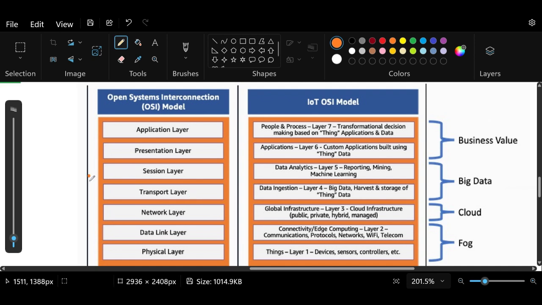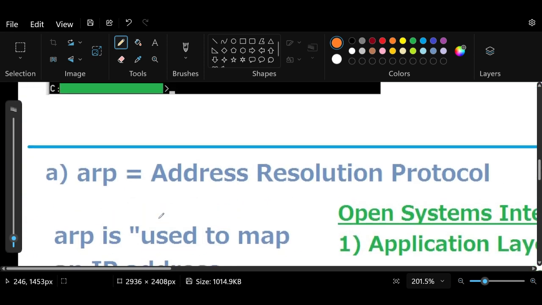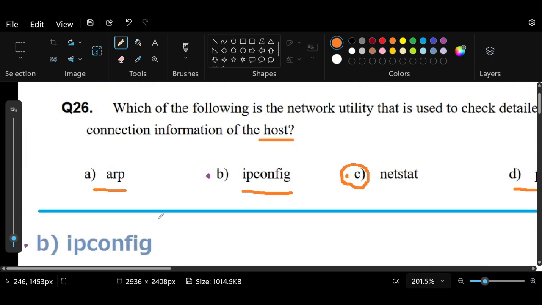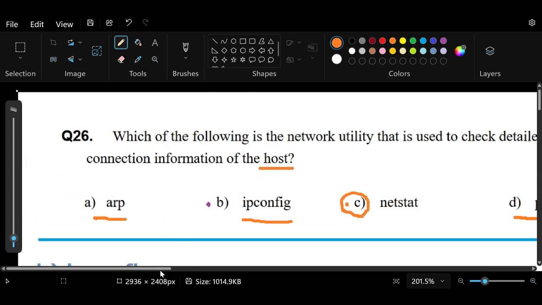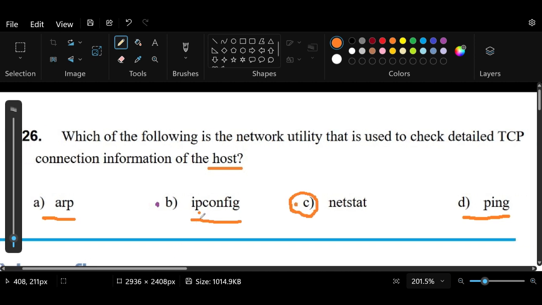So, given that, the ARP gives us information, but not necessarily what we are going for.